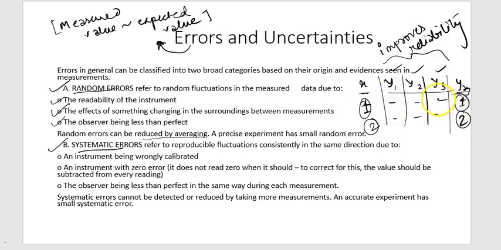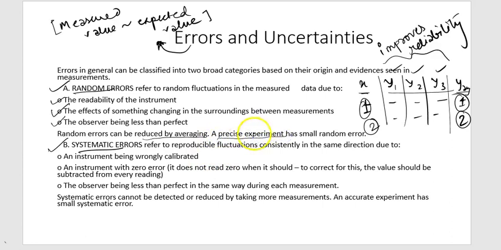Of course, if I were to take 10 trials of this, then the average would have been way closer to the actual result. So random errors can be reduced by averaging, and a precise experiment has small random error. This statement needs to be understood.